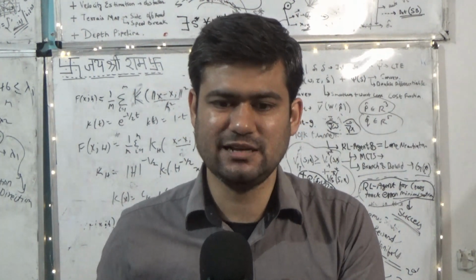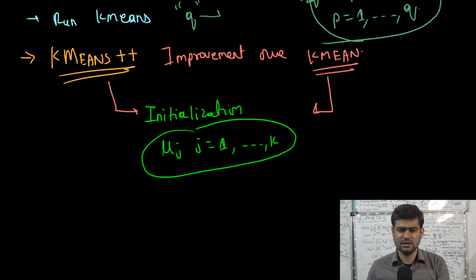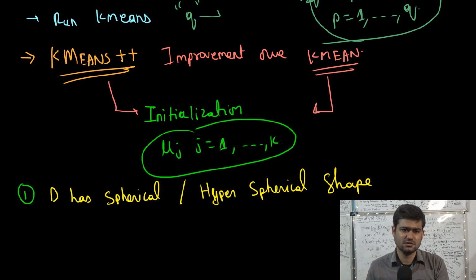So to summarize the limitations, the three limitations are: number one, the k-means clustering algorithm works well only if the data set D has a spherical or hyperspherical shape in the feature space.